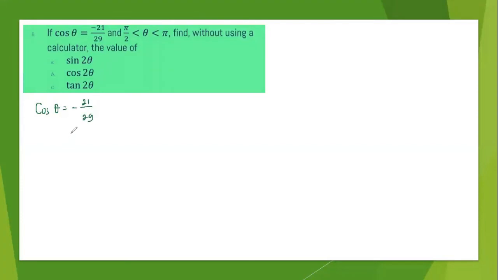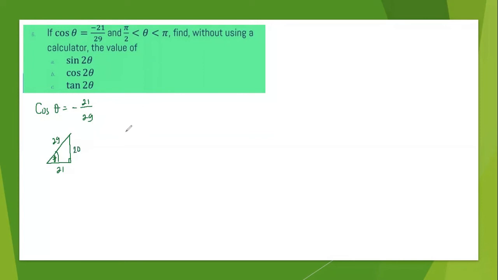Okay, we have to construct the triangle. So theta, cosine is 21 over 29. Can you guess how many here? Very good.